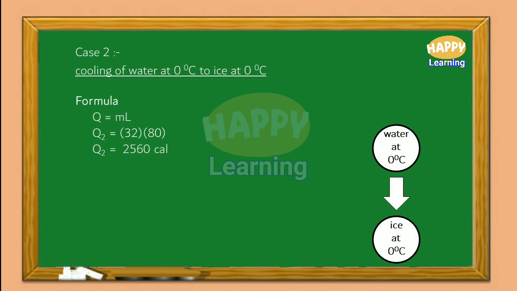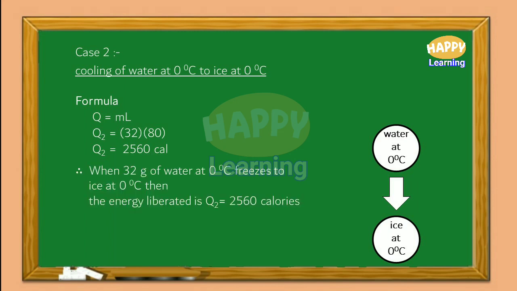So on simplification, Q2 is equal to 2560 calories. Therefore, when 32 gram of water at 0 degrees Celsius freezes to ice at 0 degrees Celsius, then the energy liberated is Q2 is equal to 2560 calories.